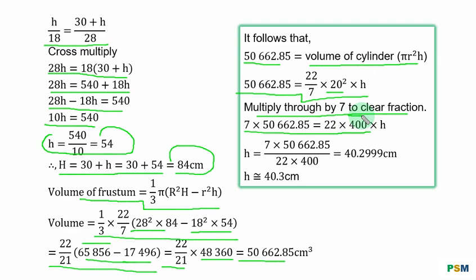Divide both sides by 22 times 400 in order to make the height the subject, and you have this result. The height is approximately equal to 40.3 centimeters.